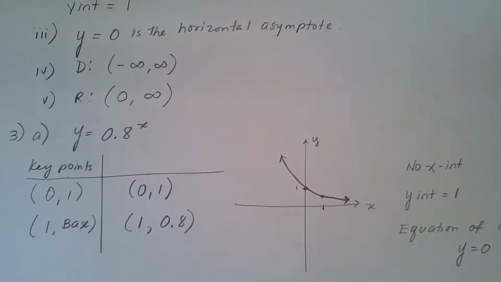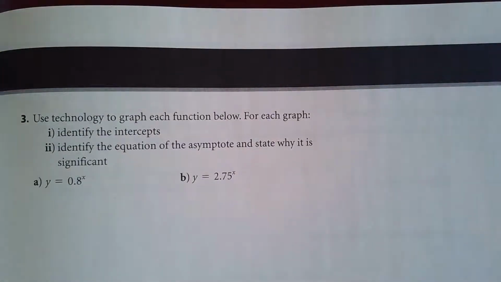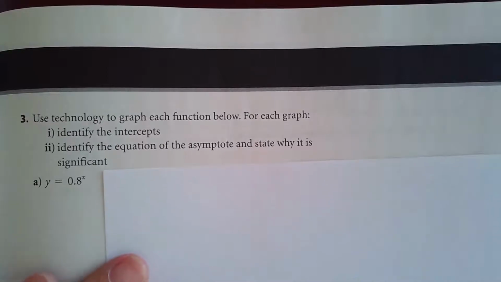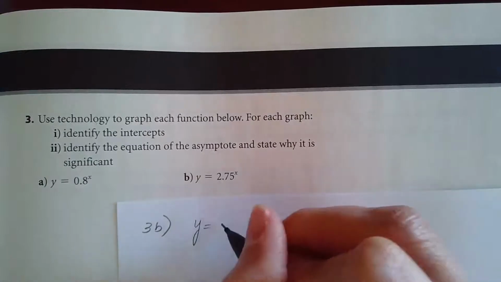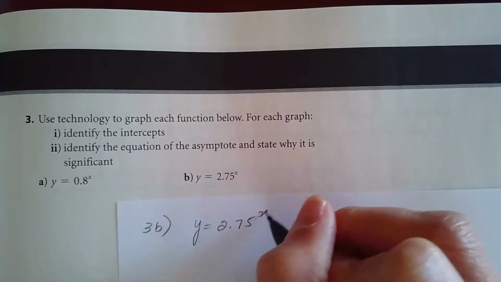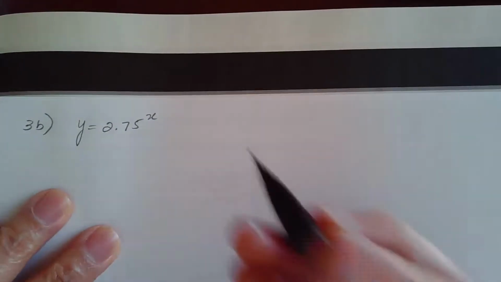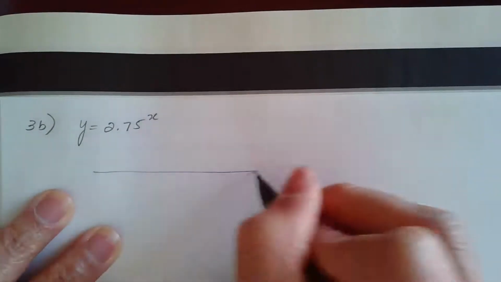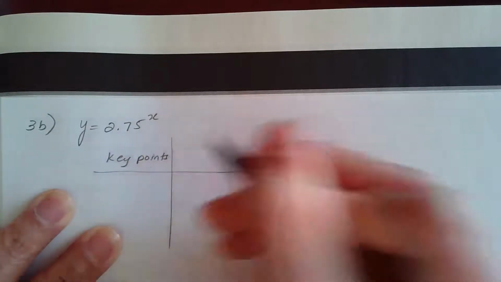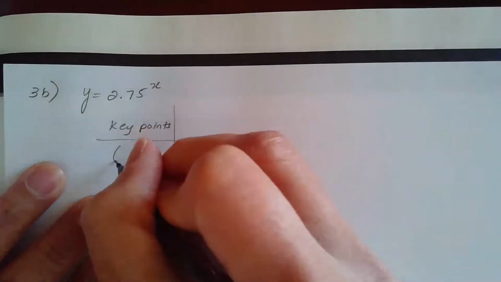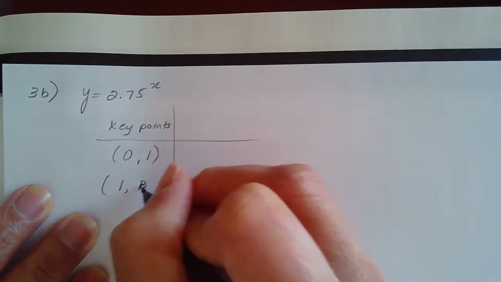Okay, so now let's take a look at the next question, oh, there's a letter B to that one. Three B, where we have y equals 2.75 to the x. Okay, so this is an exponential function. And because it's an exponential function, these are the key points: (0, 1) and (1, whatever the base is).